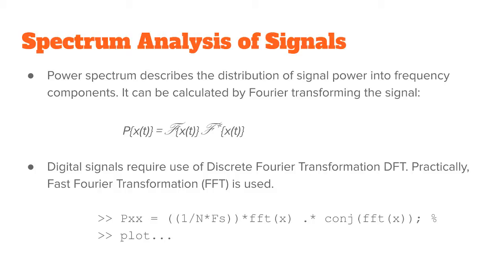That's simply done by Fourier transformation. The power spectrum definition is right there. You take the signal x(t) and calculate the Fourier transform, and basically that's the second norm. You multiply it with the complex conjugate of the same Fourier transformation. In MATLAB, that's how you do it.